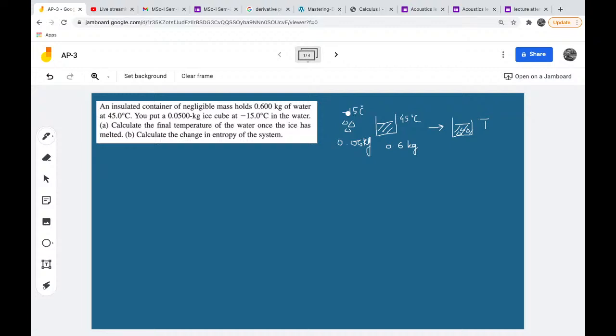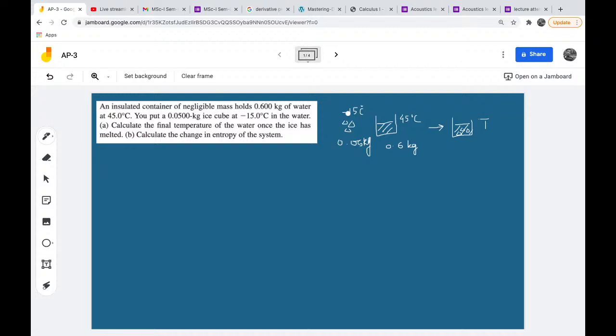During the phase conversion the temperature remains at 0 degrees Celsius. After the phase conversion, the temperature will rise and attain some common temperature, so again it will gain heat.